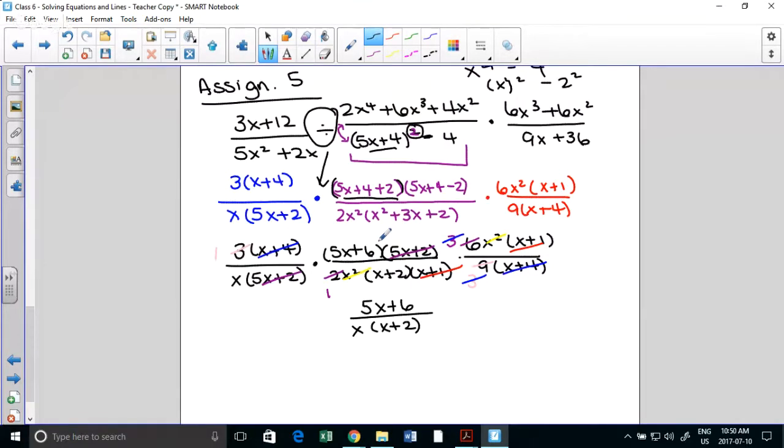I know, this is like worst case scenario of difference of squares. So let me just finish going over that problem and I'll give you another example like that. 5x plus 4 minus 2 gives me 5x plus 2. And then this trinomial factors here, x plus 2, x plus 1. Then it's just a canceling game with whatever you see. And that leaves you with this as your solution.